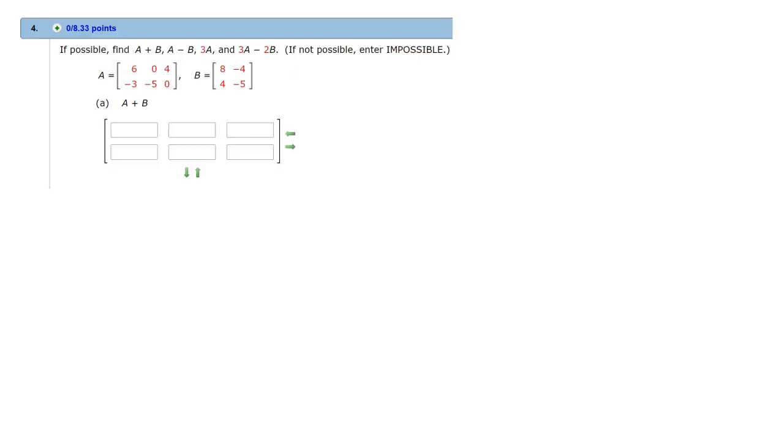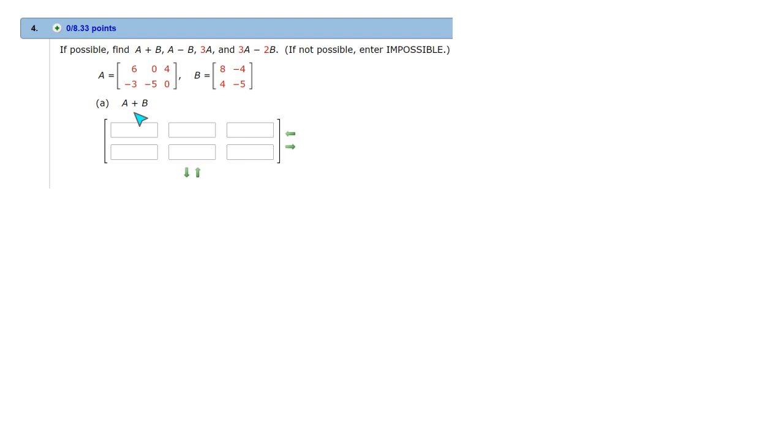Okay. So for the next one, A plus B, I'll give you about 30 seconds to see if you can figure out what A plus B is really quick. Okay, so first we want to check, can we even add these?